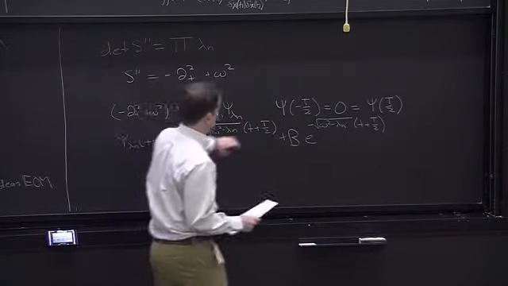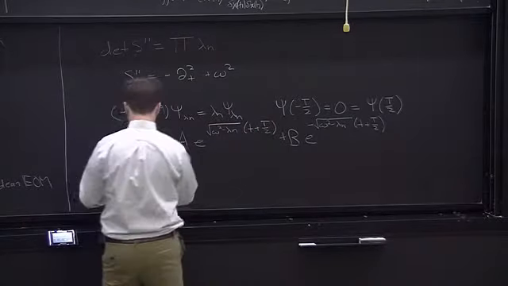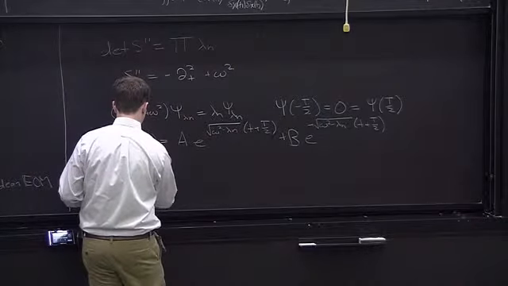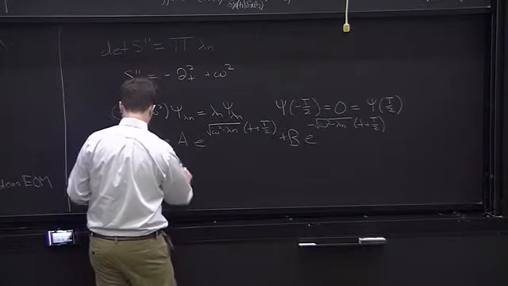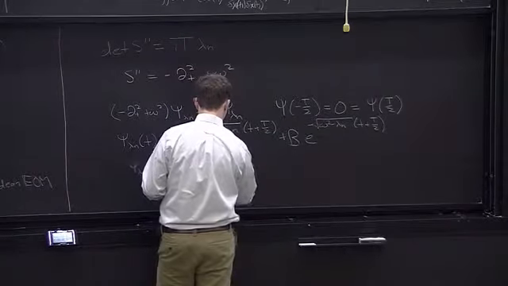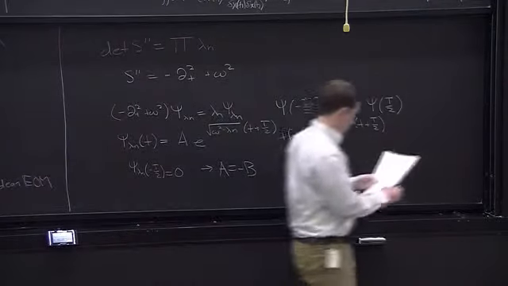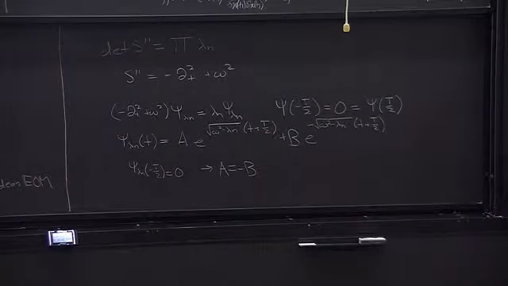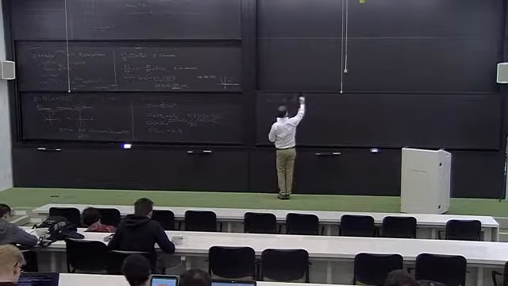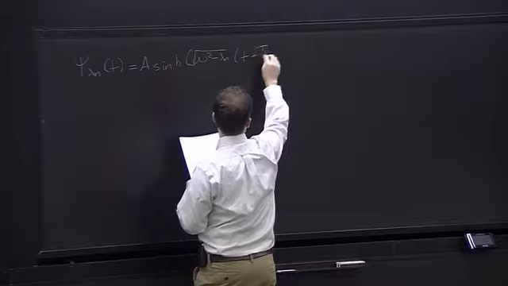If we impose the boundary condition at minus T over 2, we get A equal to minus B. So psi lambda n of t is A sinh of root omega squared minus lambda n times t, with t equals T over 2.